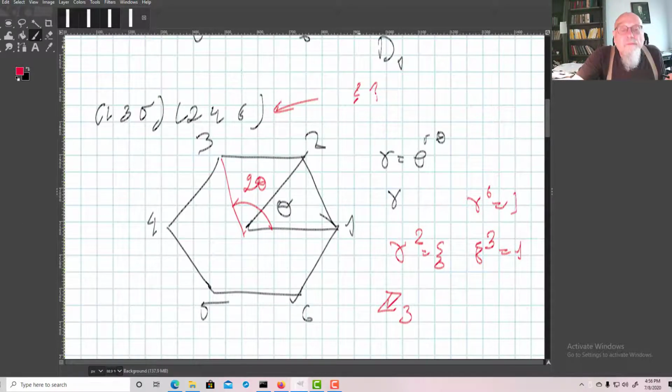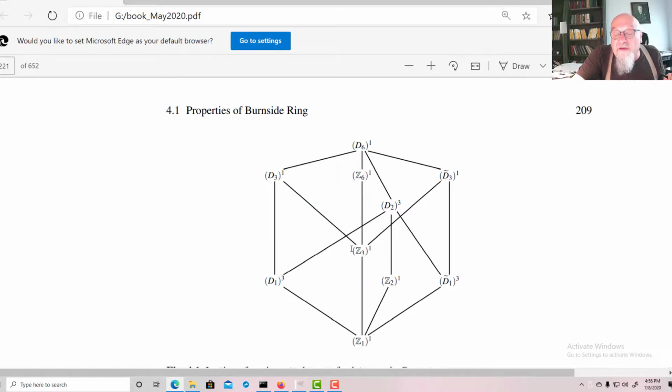If you look at the list of the groups, let me look again at the list of the groups. There is a Z3 and there is also D3. So is this Z3? Z3 has how many elements? Z3 has 3 elements. We already know 2 of them.